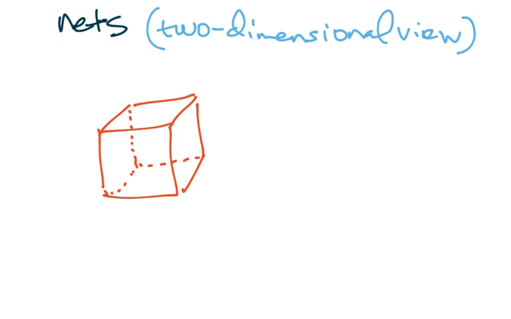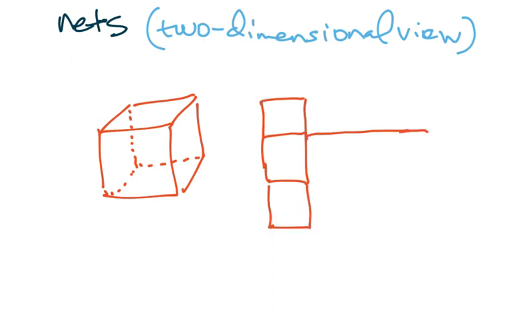A net would look more like this. So a net for a cube could look like this. And technically, those aren't really solid lines in the middle. We'll talk about that in a moment, but this would be a potential net. The idea is you would cut around the shape and fold on all of those lines.